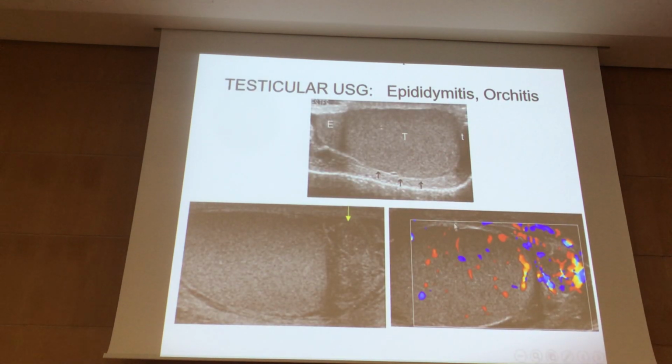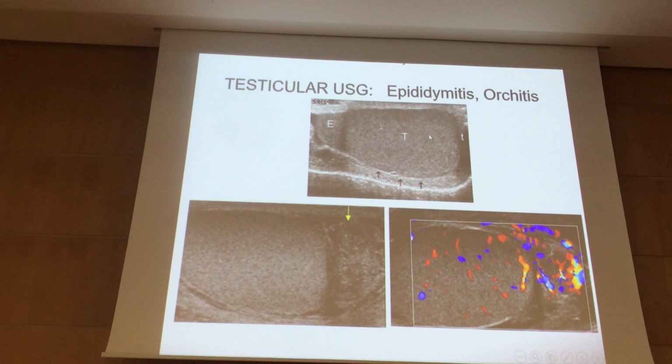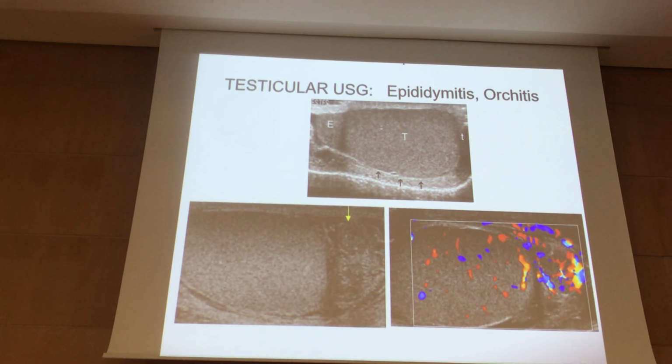Another thing, testicular evaluation also comes. On the male side, you have the epididymis and the testes. If the patient, child or adult, presents with swollen, tender testes, then you do an ultrasound and see if there is increased vascularity inside the testes or the epididymis, because then it means epididymo-orchitis.